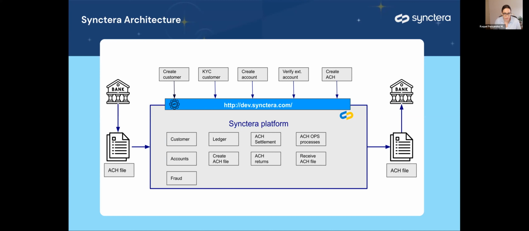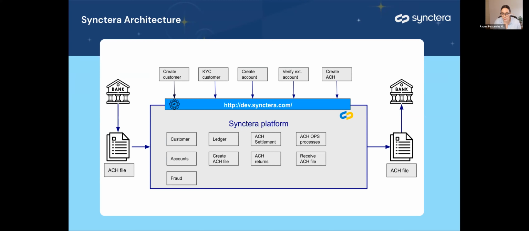We have the creation of ACH files, the ACH settlement process that enables the operations, and also all the ACH operational processes, which is your day-to-day operations, can be handled through the Synctera platform.